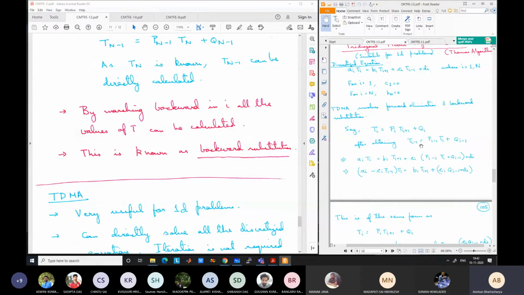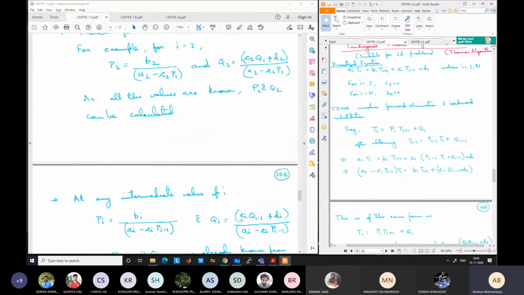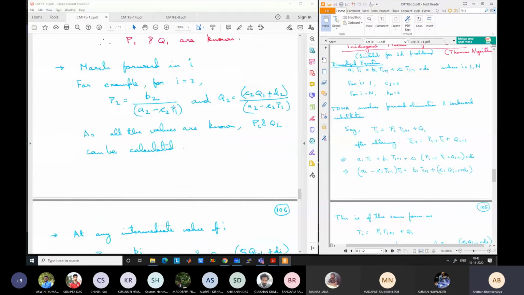And the number of calculations is of the order of n. Means it is not equal to n. Of the order means, when you are proceeding, we have n equations, and for each equation, say 3 or 4 calculations are there. We can also see how many calculations there are. One multiplication, then one subtraction and one division.